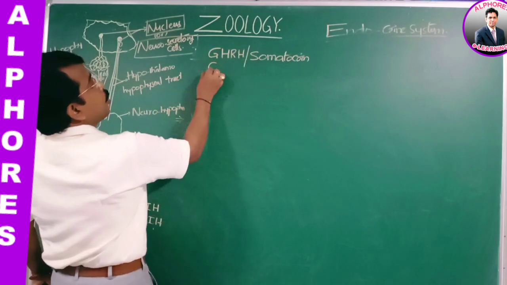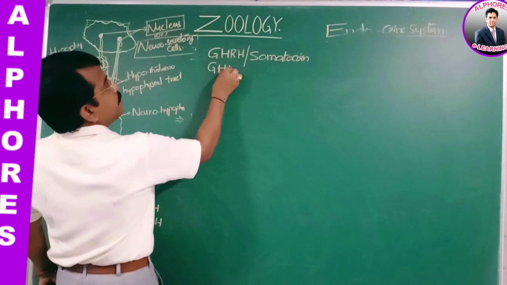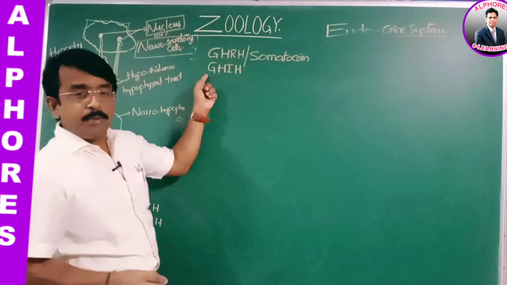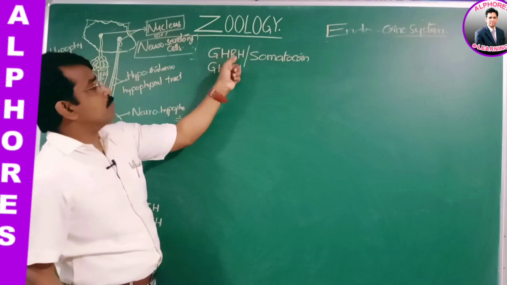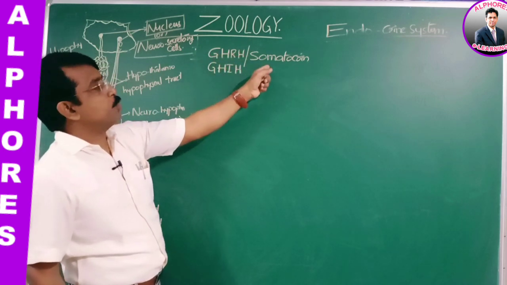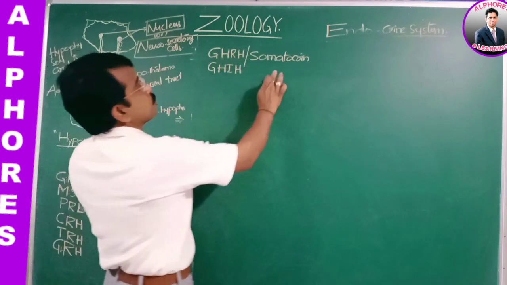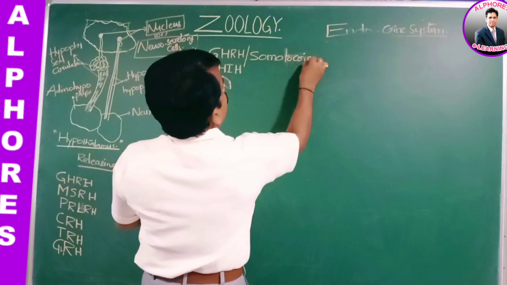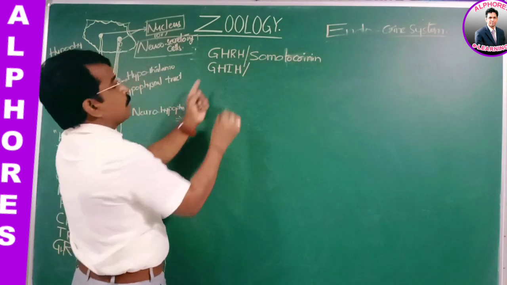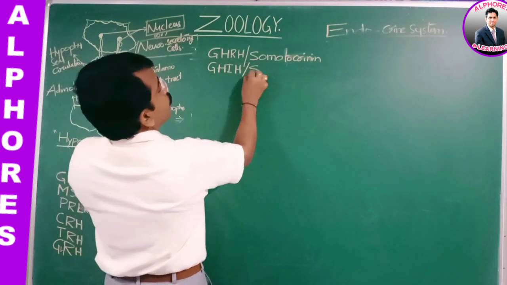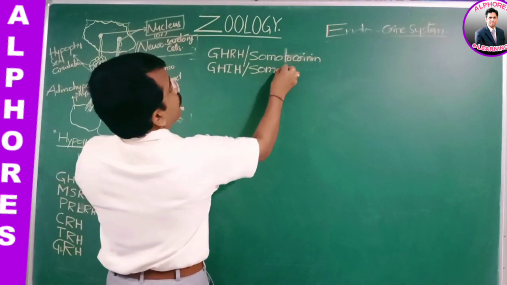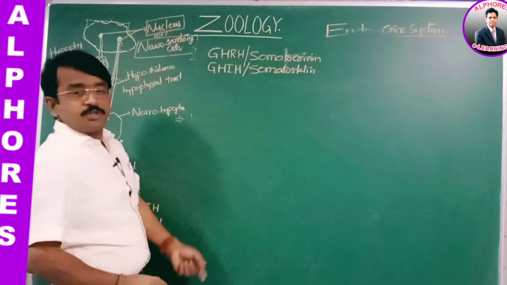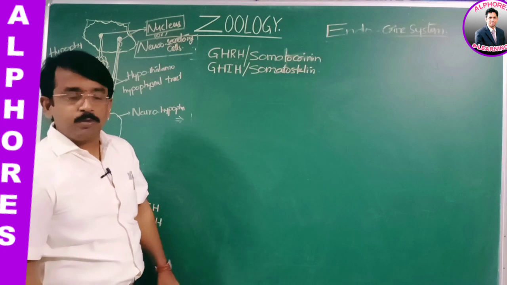Next, growth hormone inhibitory hormone. You better make a note of the abbreviation: growth hormone releasing hormone is somatocrinin, whereas growth hormone inhibitory hormone is somatostatin, which inhibits the secretion of the growth hormone.